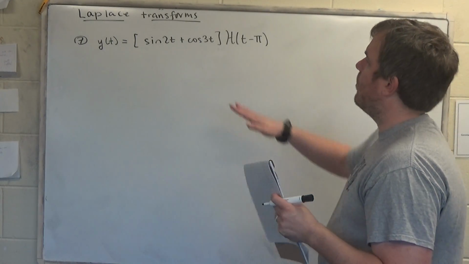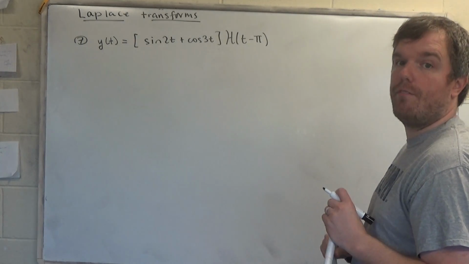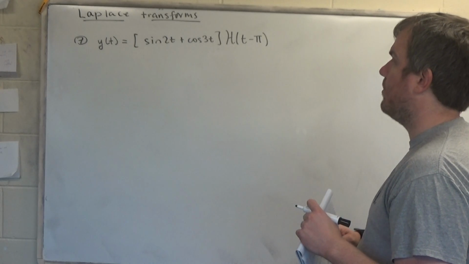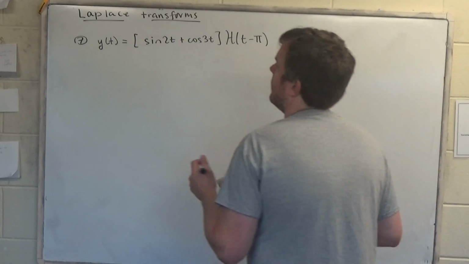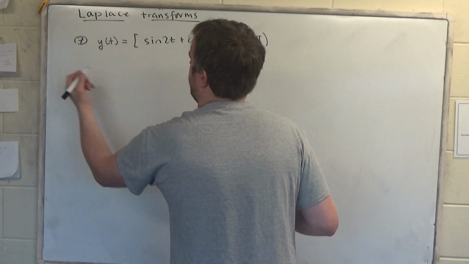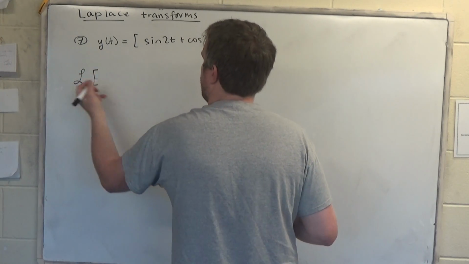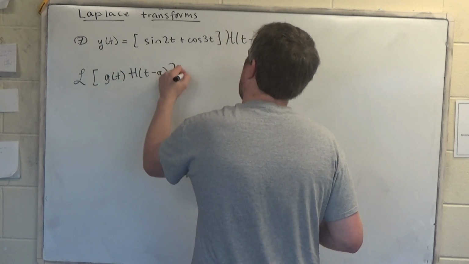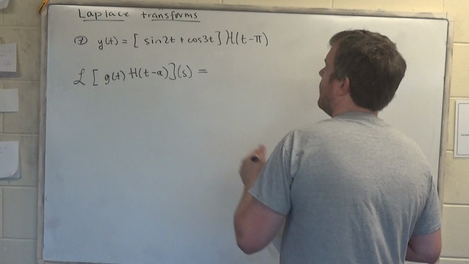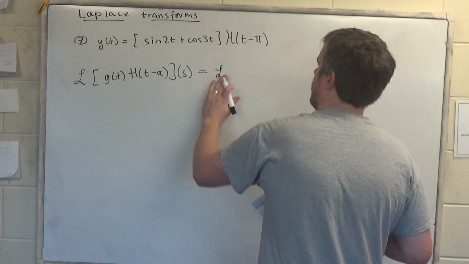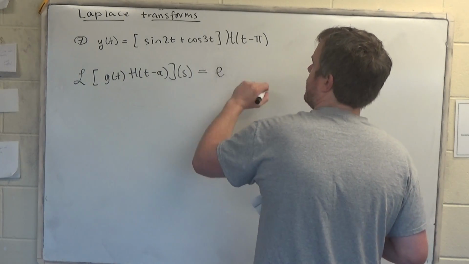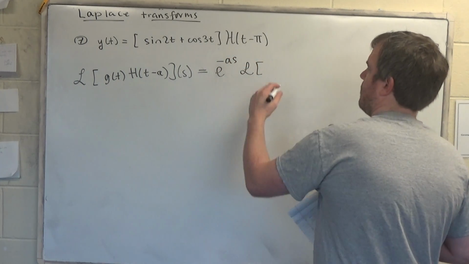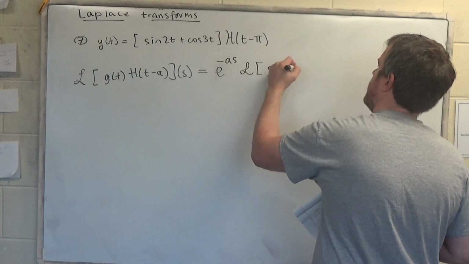Okay, for this one we need the rule that says something about the Heaviside function, and in particular we need the rule that has the forward arrow, or the arrow that moves from left to right on your table. So that looks thusly. If we have g of t, Heaviside function of t minus a, evaluated s, if that's what we want to calculate, well, what we end up doing is getting an exponential, and then we take the Laplace transform of g evaluated at t plus a.